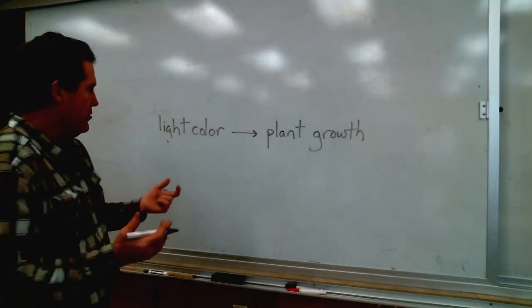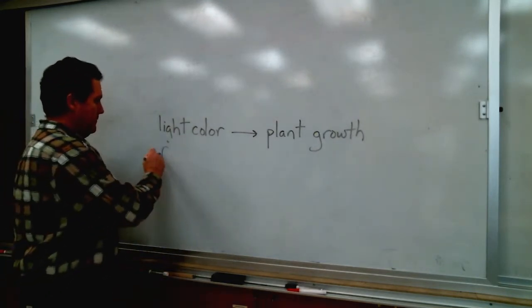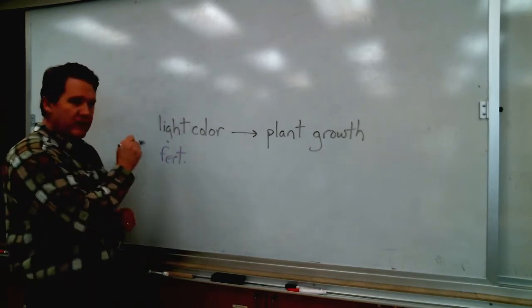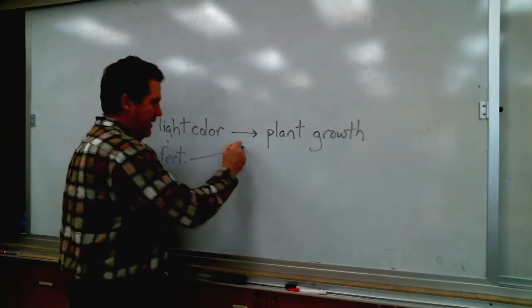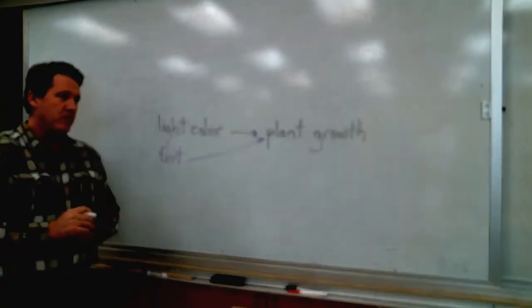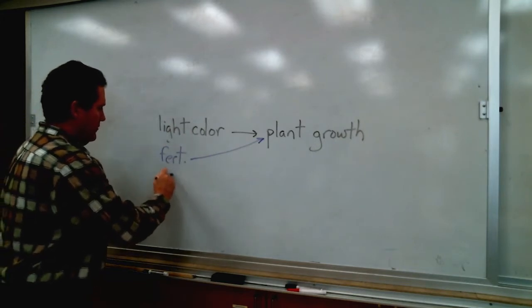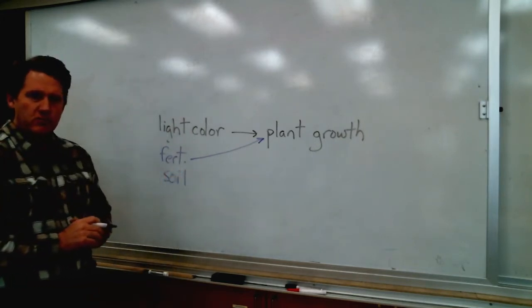What else affects growth? You got things like fertilizer that we've talked about before. Couldn't that be an independent variable, something that is a cause that could affect the plant's growth? Absolutely. How about the soil? Can you think of more?